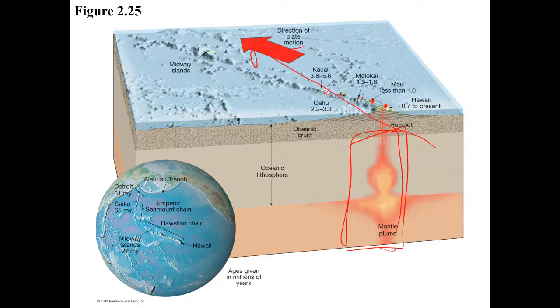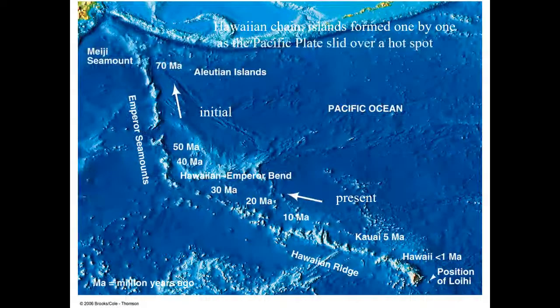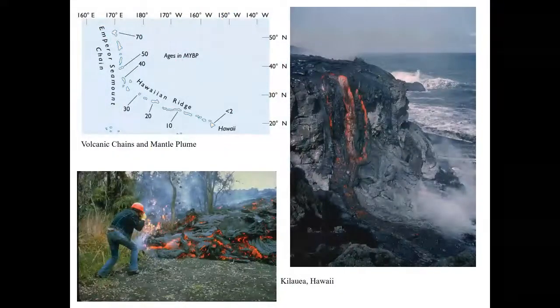The plate is moving along that source. So it shows you the entire chain of Hawaiian Islands, all formed from one stationary, doesn't move, heat source. And that is the end of the proofs to plate tectonics. Present day Hawaii, again, showing you the proof of what those stationary plumes look like and what Volcano National Park looks like.